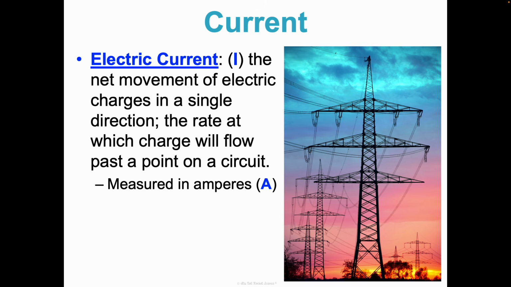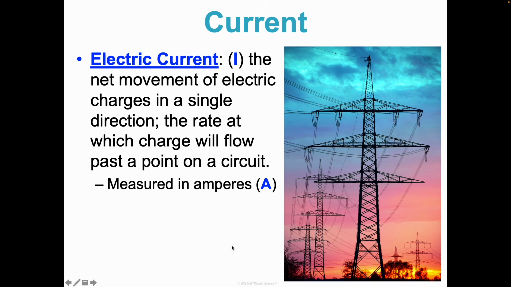And if you're like, 6.24 times 10 to the 18th means nothing to me, that is 6,240 million billion electrons flowing past a point every second. And that's just in 1 ampere, okay?